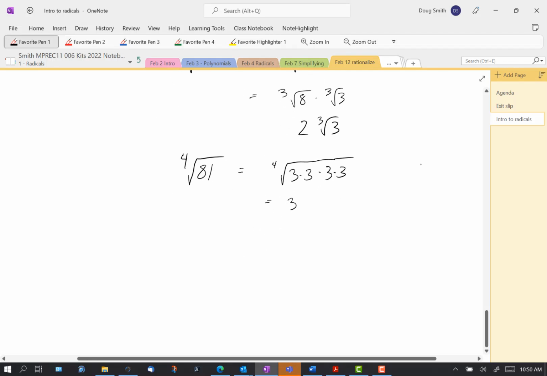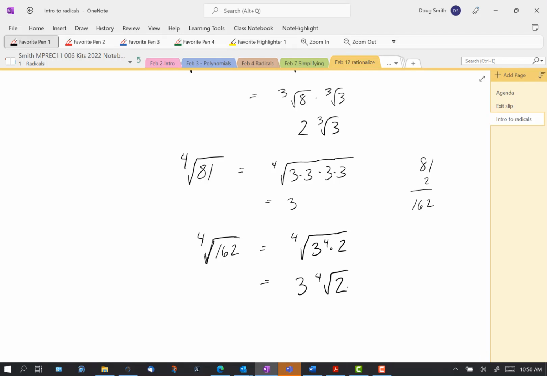Then if you had, what's 81 times 2? That's 162. So if you had the fourth root of 162, that could be simplified by doing this. 3 to the power 4 times 2, that's equal to 3 fourth root 2. There you go. That is a summary of simplifying radicals, or going from entire radicals to mixed radicals.